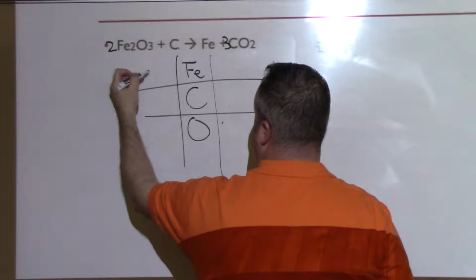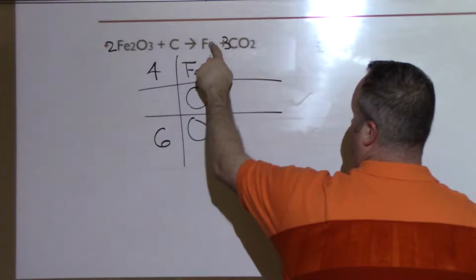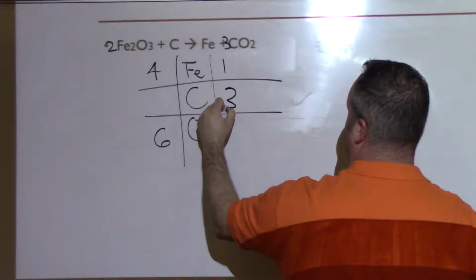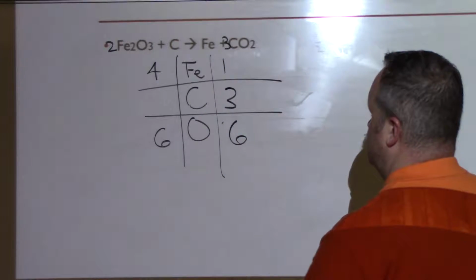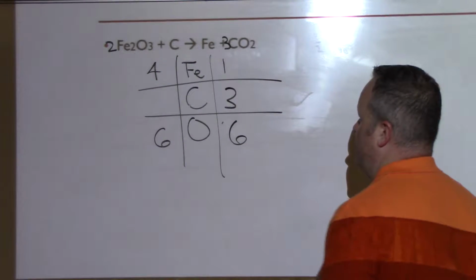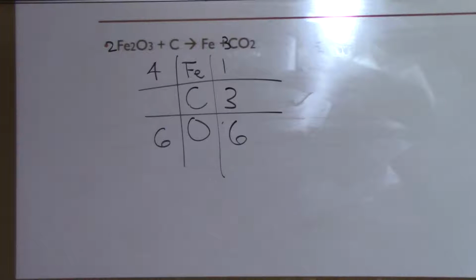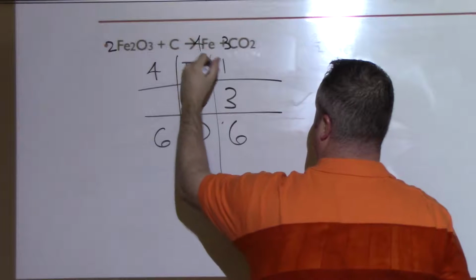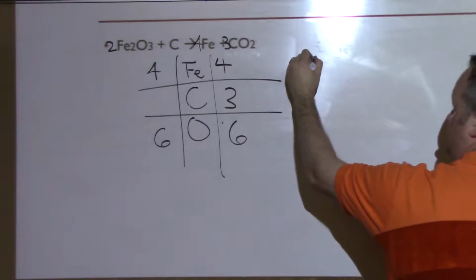So I have 2 times 2, which is 4, 2 times 3, which is 6. Over here I have 1, and then I have 3 carbon, and 3 times 2, which is 6 oxygen. Now, because the carbon and the iron are by themselves, it's very easy to balance this equation. All I have to do is place a 4 here, and so you now see that I have 4 on both sides, so that is balanced.